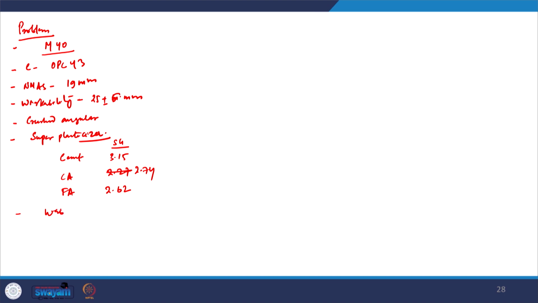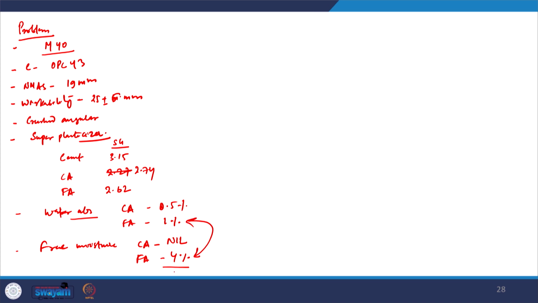Water absorption for coarse aggregate is 0.5% and for fine aggregate it is 1%, and free moisture is present in this problem. Coarse aggregate has 0% free moisture, but fine aggregate has 4% free moisture. Therefore, the total moisture content in fine aggregate becomes 4 plus 1, that is 5%, out of which 4% is on the surface and 1% corresponds to the water absorption. Here also we are using zone 2 sand.